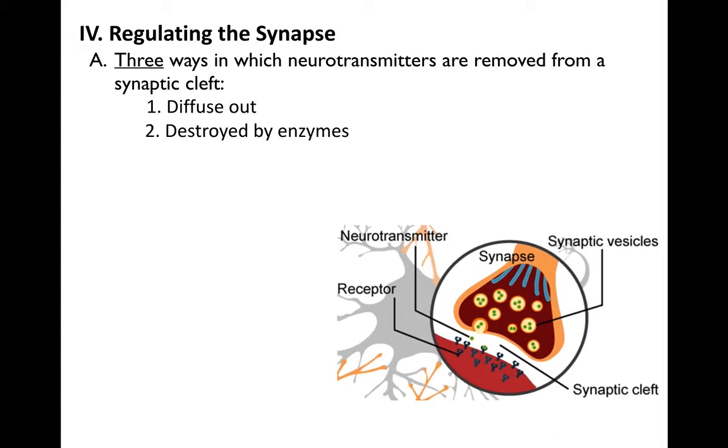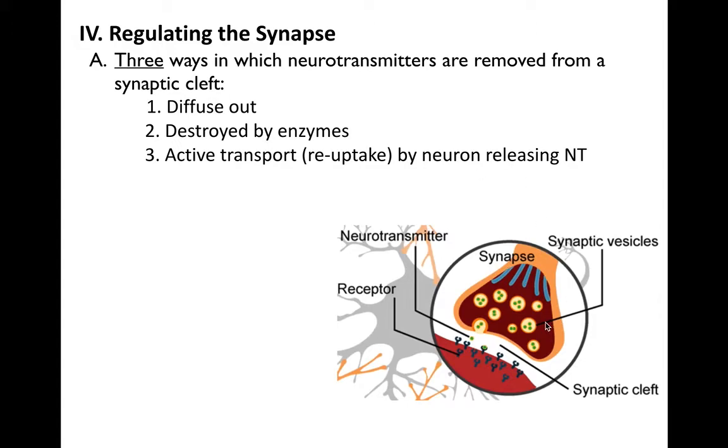So one of the ways is you can destroy it with enzymes, but that has a downside because when you destroy the neurotransmitters that are released, it's going to take longer for the presynaptic neuron to regenerate enough neurotransmitters to create a response. So it'll create a lag time before this neuron can be used again. Or this is useful for neurons that you might want to fire constantly, meaning it just zap, zap, zap, zap, like repeatedly releasing stuff.